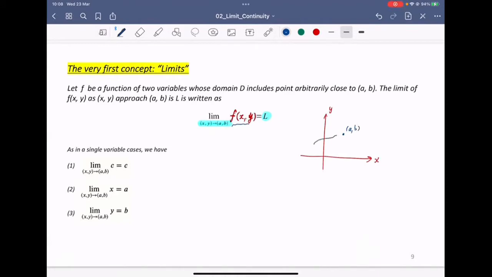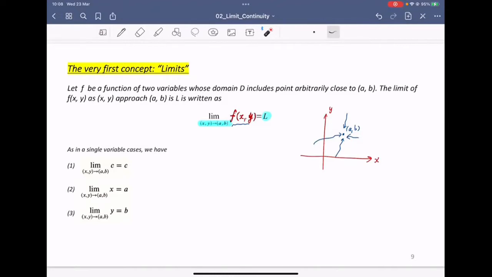You want to know, when (x, y) approaches (a, b), what is the limit of the function? Keep in mind that you could have more than one way to get to the point (a, b). It is not just left hand and right hand like in calculus 1. Does it make sense?